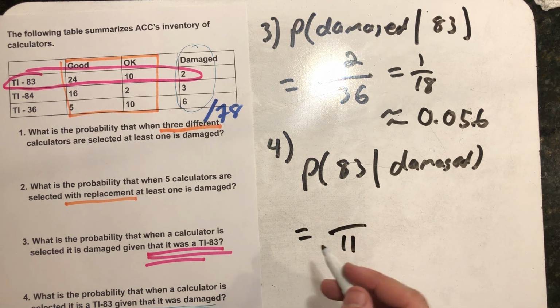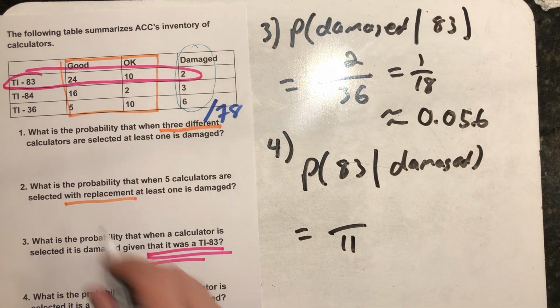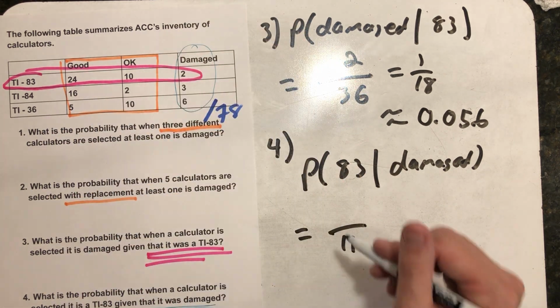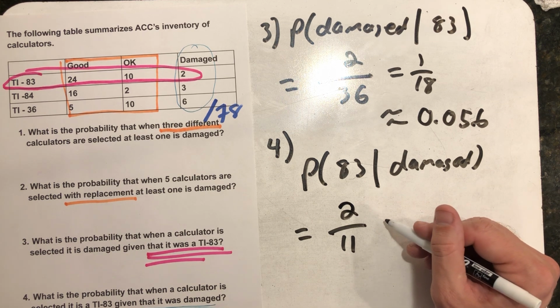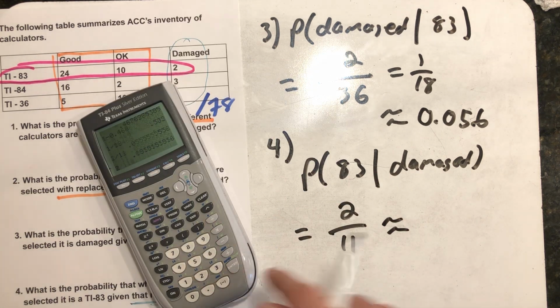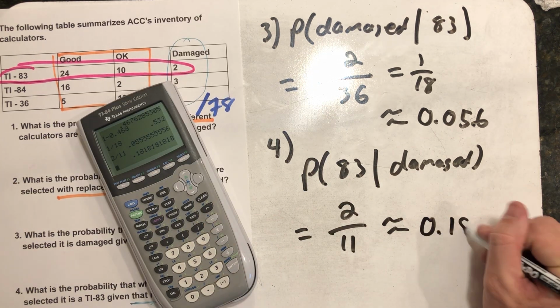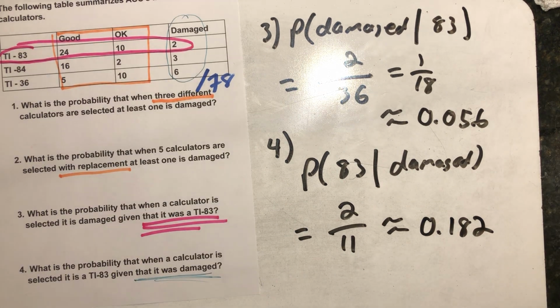And how many of them are TI-83s? Well, so I'm selecting from the damaged one, only 2 of them are TI-83s. So 2 out of 11 is about 0.182.